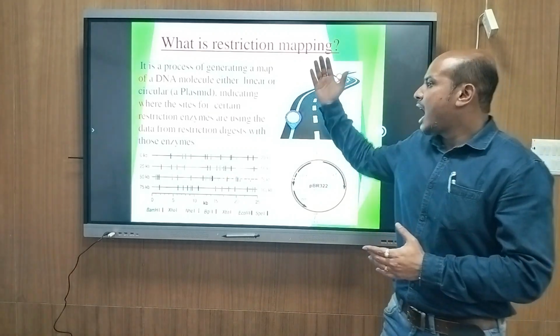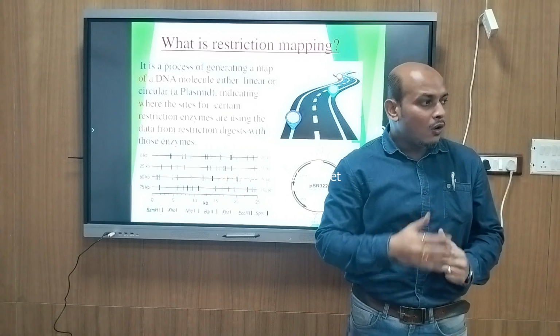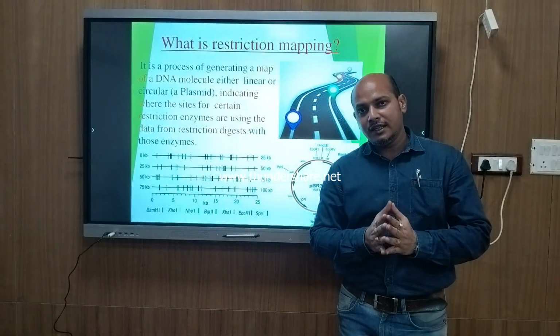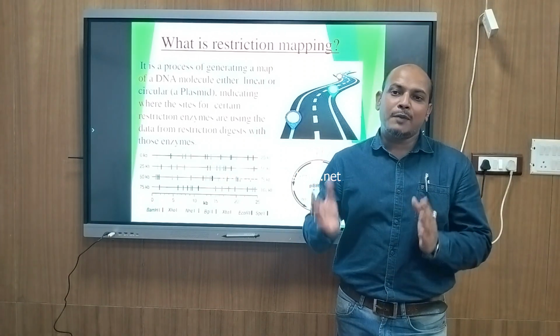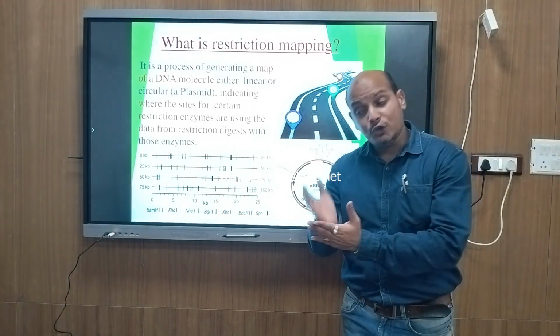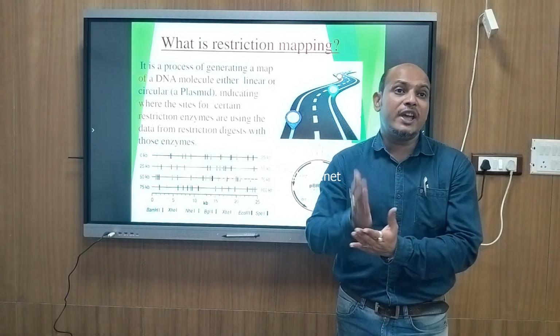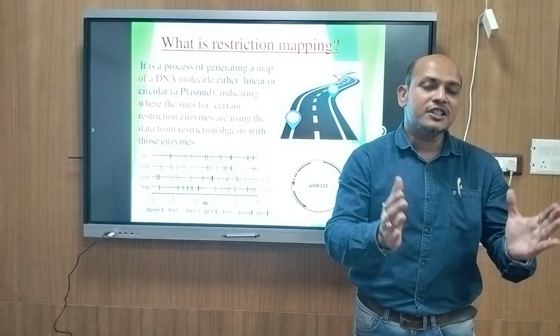And mapping, on the other hand, relates to the positioning of something. So cumulatively understanding it, if we consider the word restriction mapping, then that means we are there to position something or to understand the position of something based on its restriction or fractionation or limiting or its confinement to something.